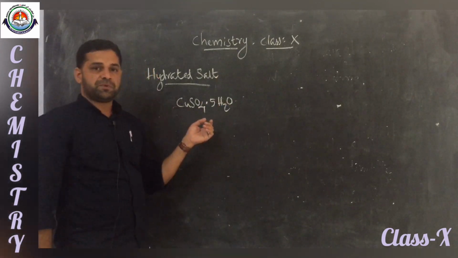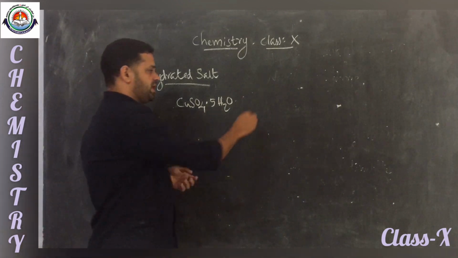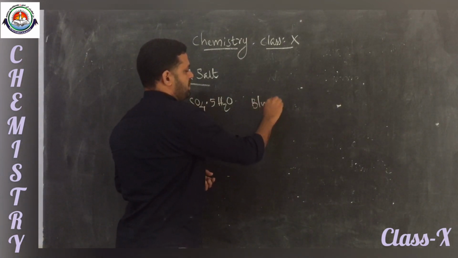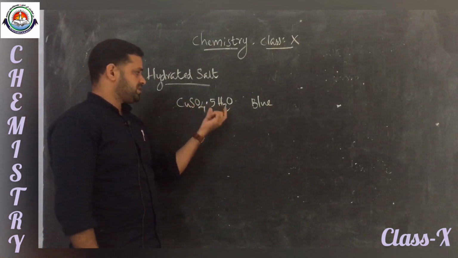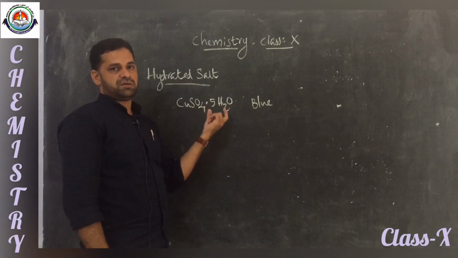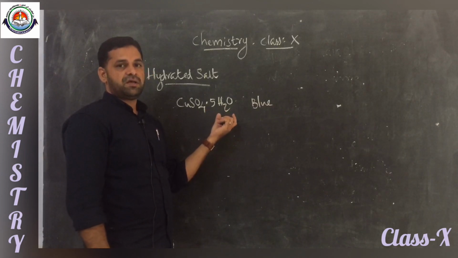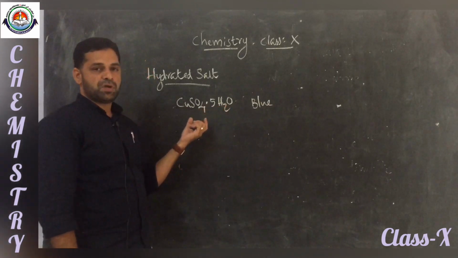What is the color of copper sulfate? We know it is blue in color, and the blue color of copper sulfate is due to the presence of water of crystallization. If there is no water of crystallization, it will not show blue color.